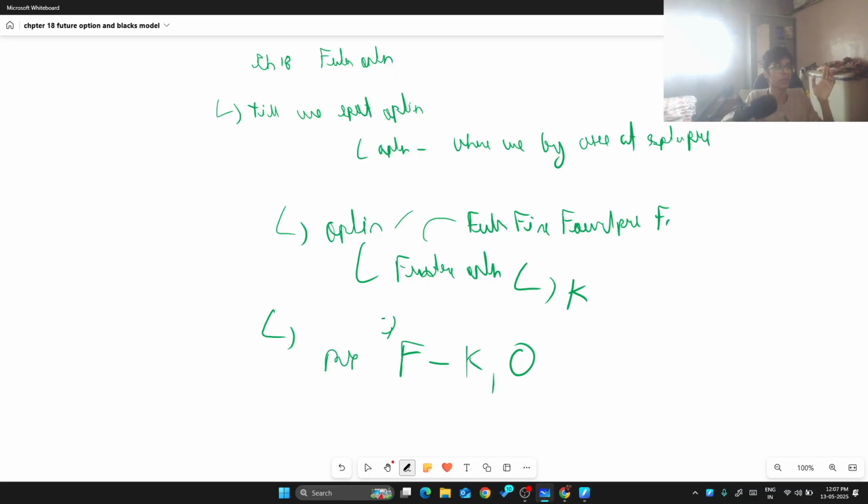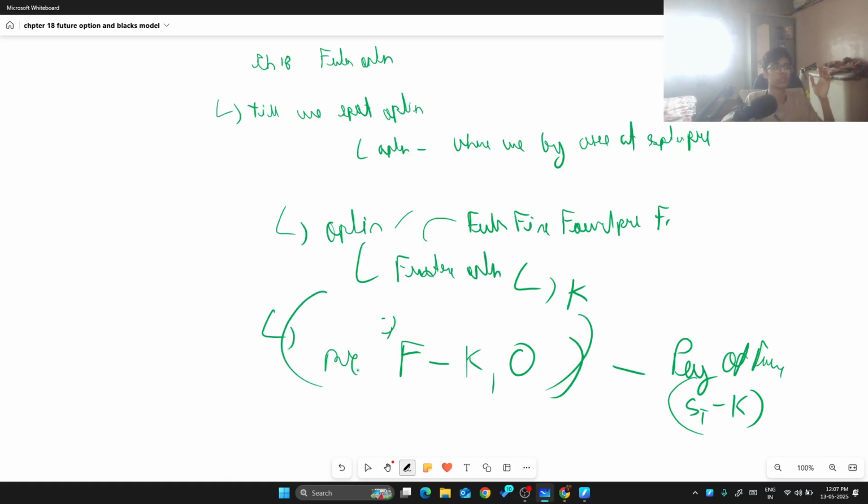And the payoff from the futures, the cash amount, would be ST minus K.